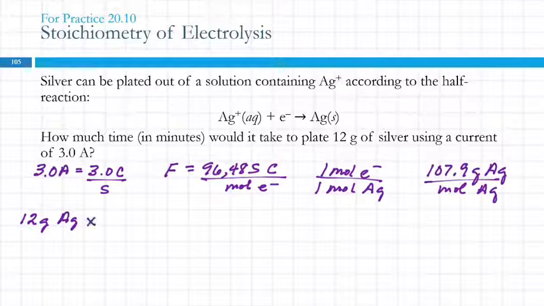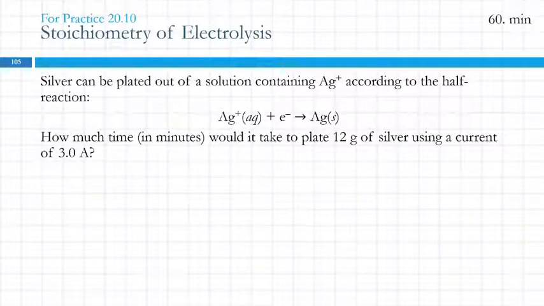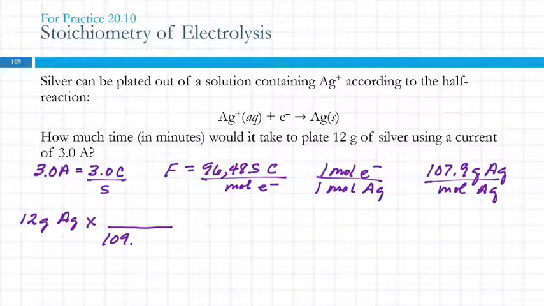So we can take our 12 grams of silver and convert that to moles. Sorry. So I did that wrong. 107.9 grams per mole of silver.